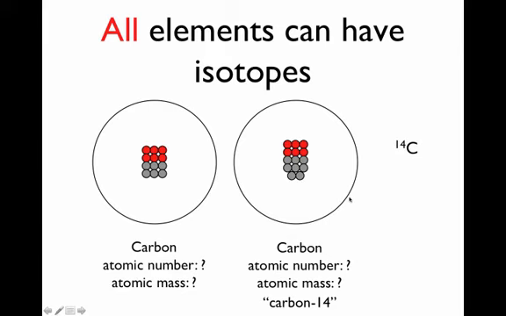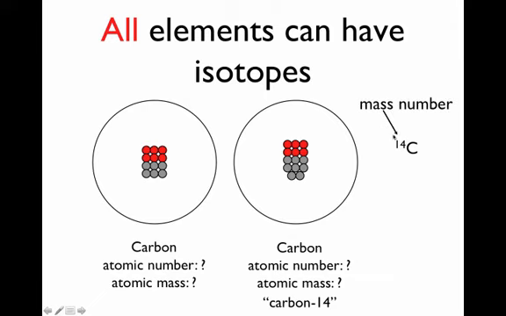So if we were talking only about carbon atoms that had a mass of 14 Daltons, the way that we would write it in a text is we would write the atomic symbol for carbon, which is a C, and then we would write a 14 as a superscript to the left. And this basically means we are only talking about carbons with an atomic mass of 14. We're not talking about any other version of carbon other than that.